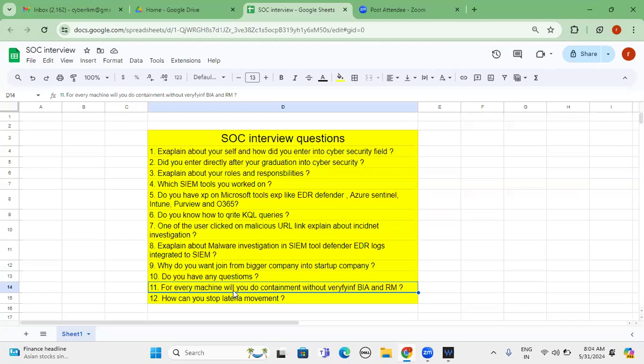Will you analyze something else? So indirectly they asked: whenever a server is getting compromised, we should not directly do network containment, unless the server doesn't have a backup. Because we have to analyze the business impact analysis and also the risk assessment.